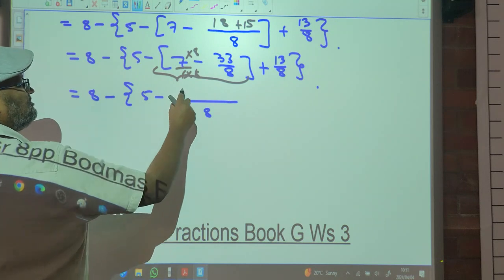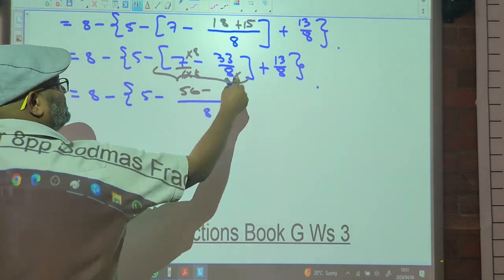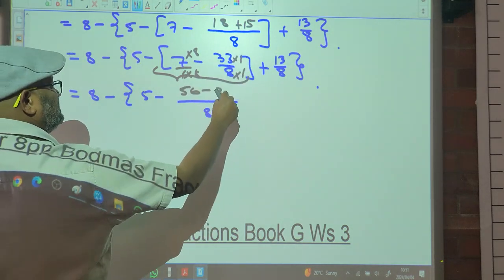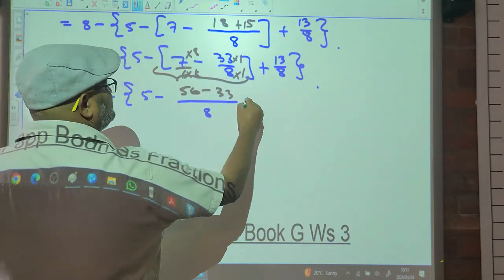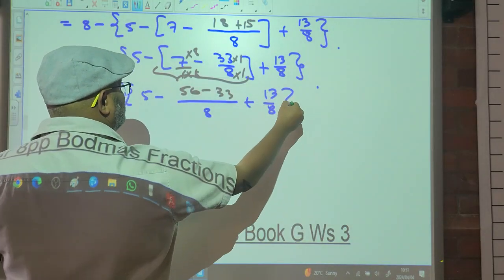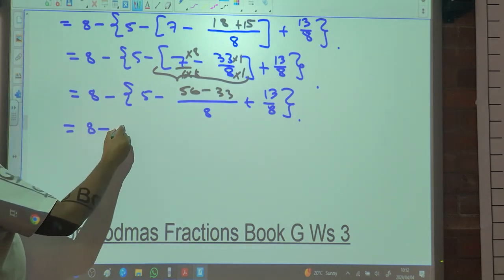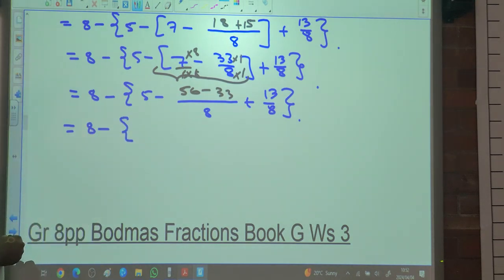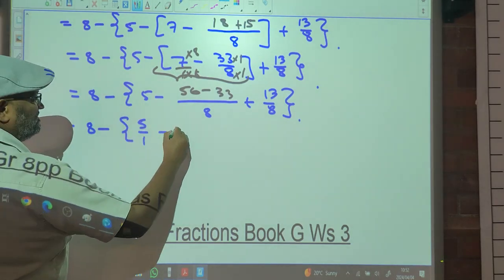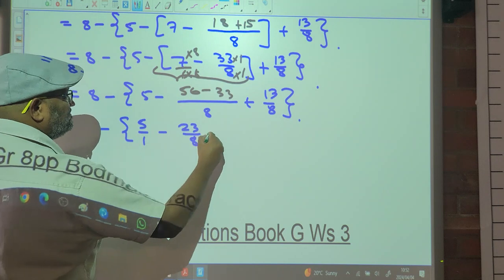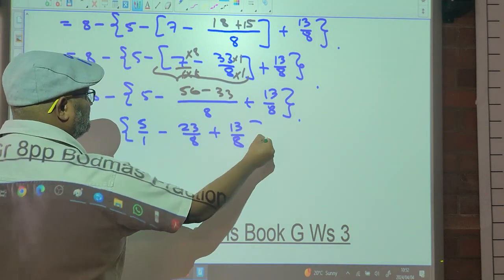What's 7 times 8? 56. 56 minus 33 over 8 plus 13 over 8. So it's going to be 8 minus. What is 56 minus 33? 23. So it's 5 over 1 minus 23 over 8 plus 13 over 8.